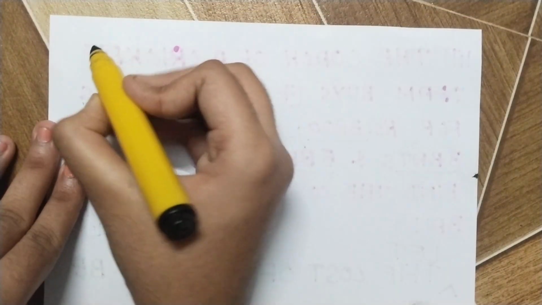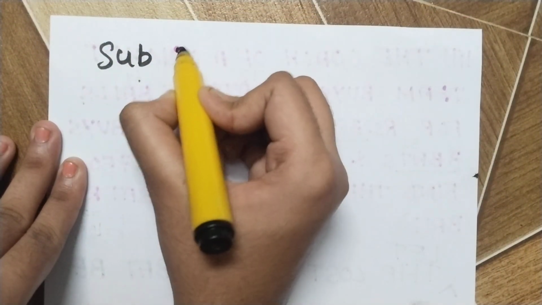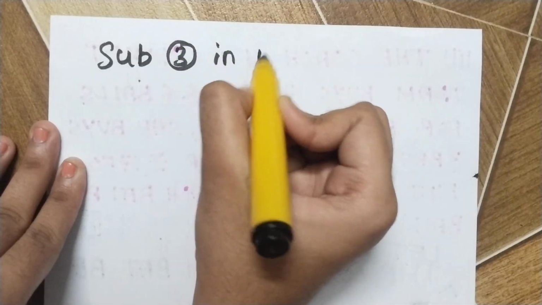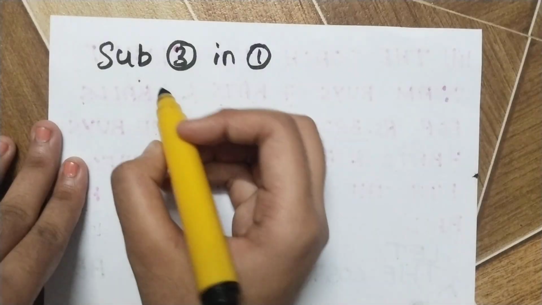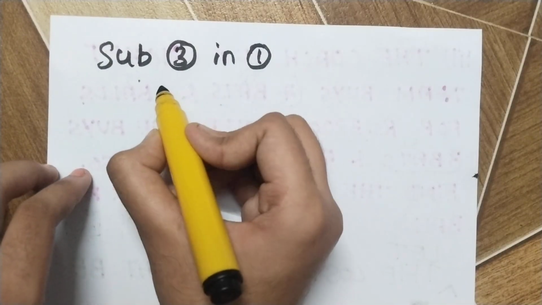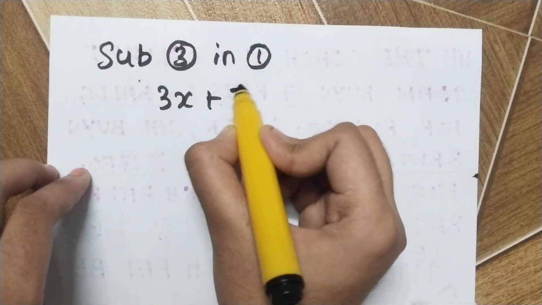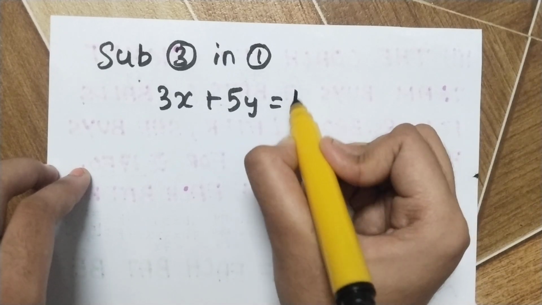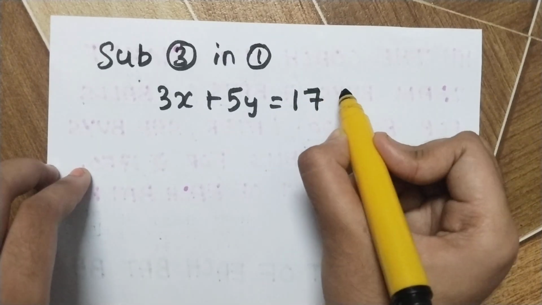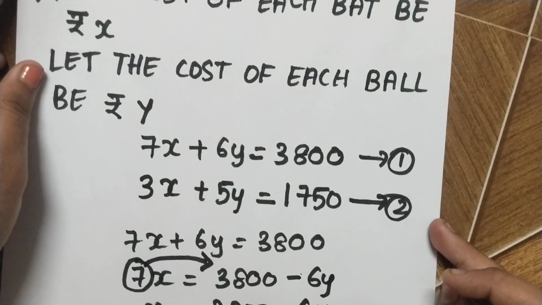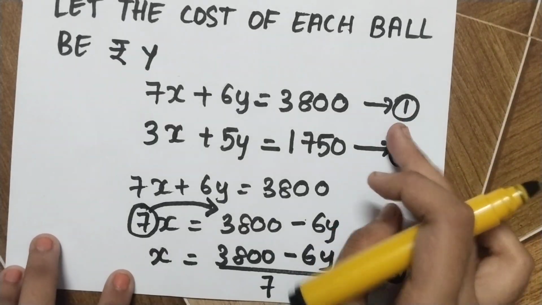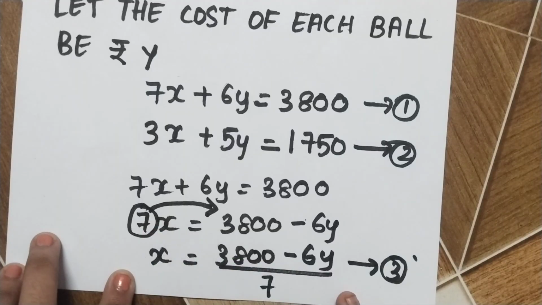Clear? Substitute 3 in 1. Okay. So 3x plus 5y is equal to 1750. One minute. So here from first equation only we got third equation, right?